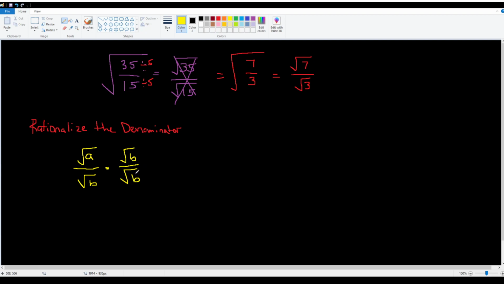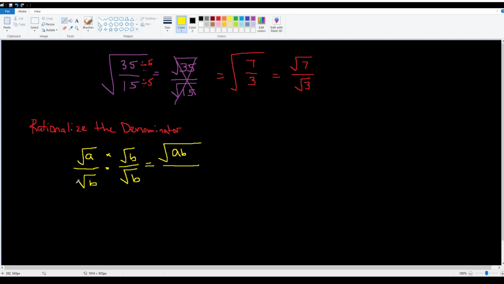Now, remember, I can do this because this is essentially just multiplying by 1. Square root of b over square root of b, this is just 1. So I'm not changing the value of the number, I'm just changing what the number looks like. Okay? So on the top, the square root of a times the square root of b is going to be the square root of ab, because this is what we talked about previously.